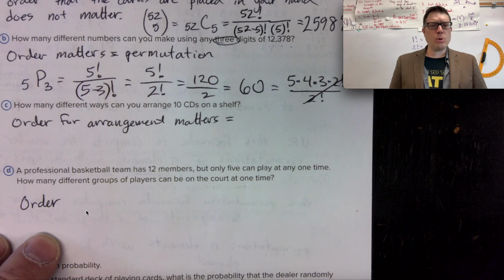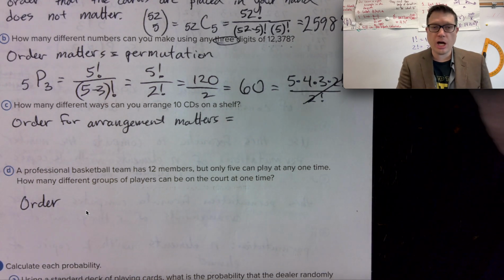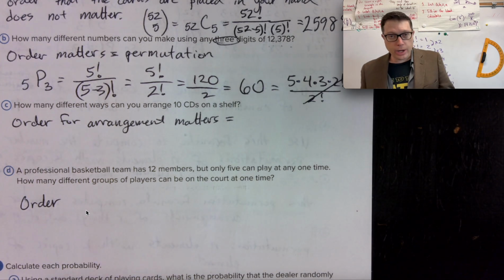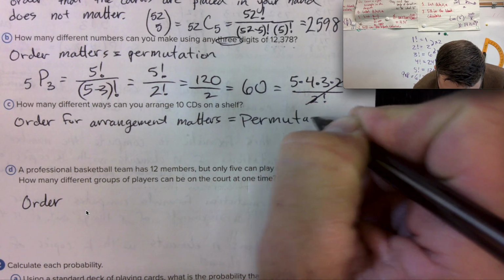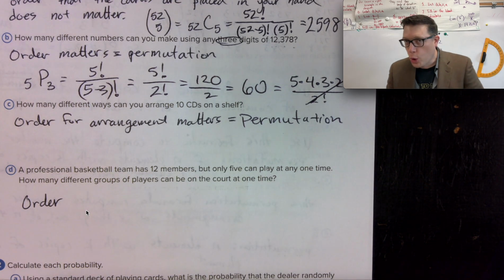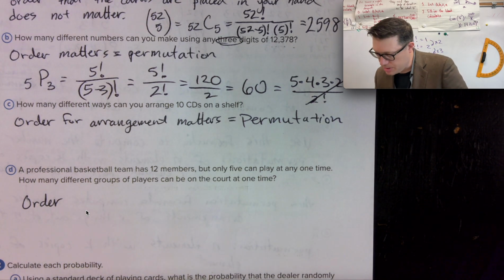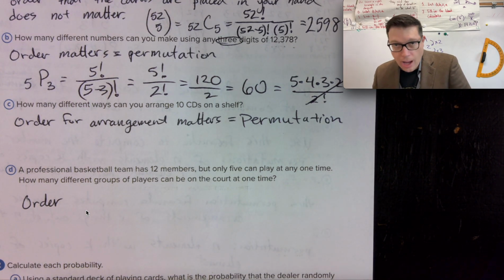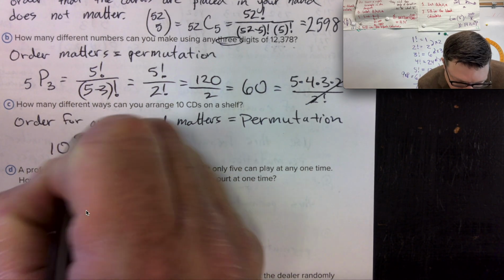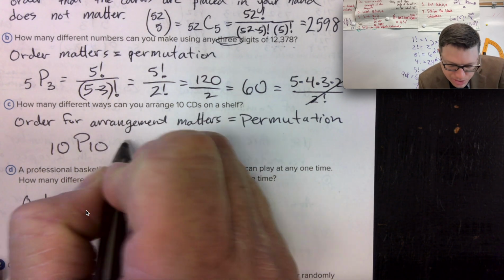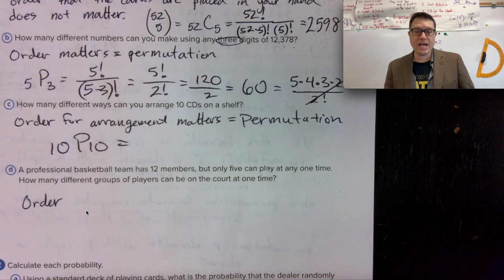How many different ways can you arrange 10 CDs on a shelf? Arrangement, order matters. This is a permutation. Remember, if order matters, we are talking about a permutation. If the order does not matter, then we're talking combination. So we're going to take 10 CDs and permute them into an arrangement of 10 items.